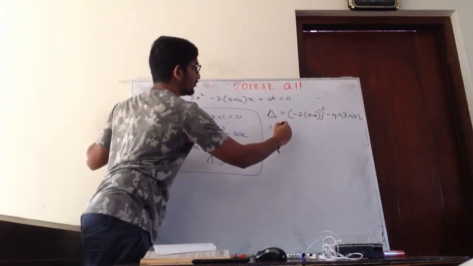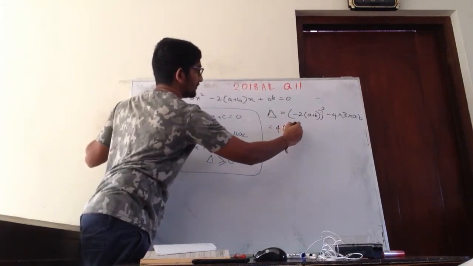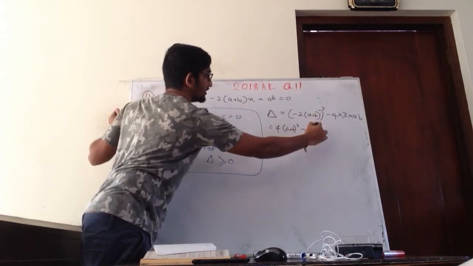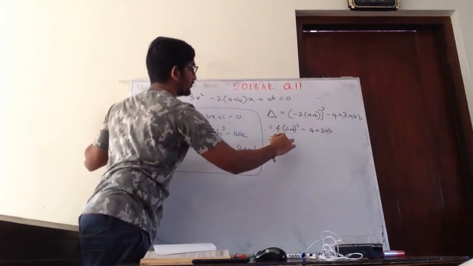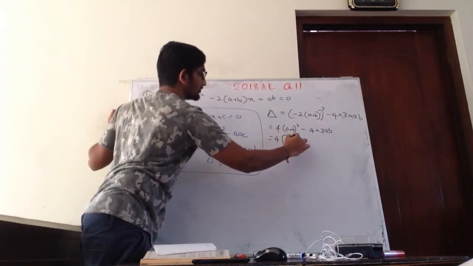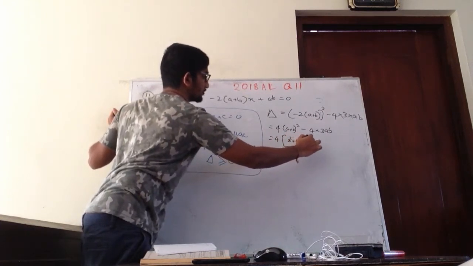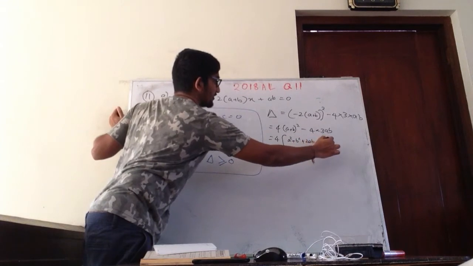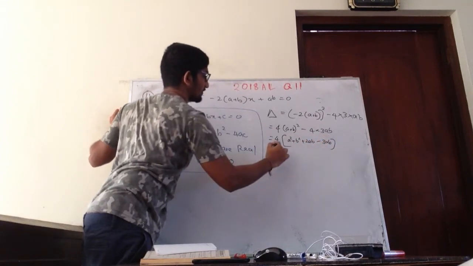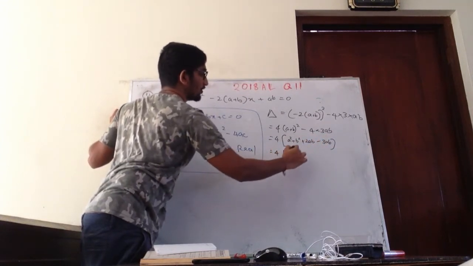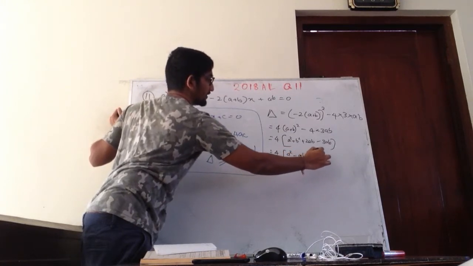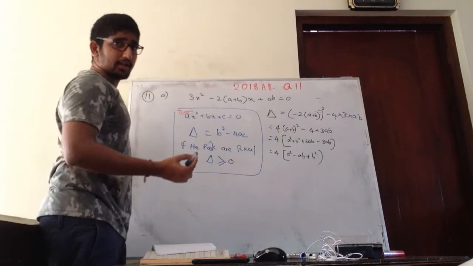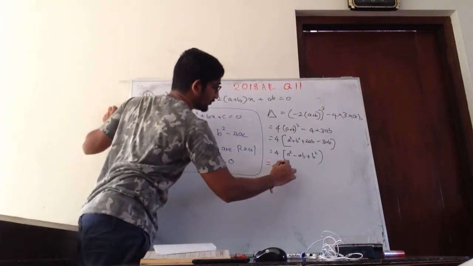So now I will get 4(a plus b) squared minus 4 times 3ab. So I am going to take 4 out. I will get a squared plus b squared plus 2ab minus 3ab, which is 4 times (a squared minus ab plus b squared). Correct, no?